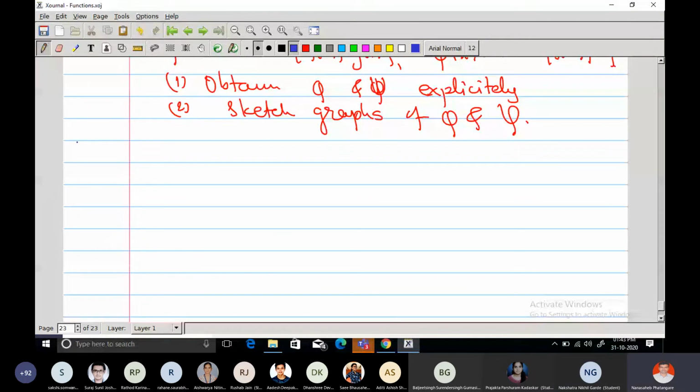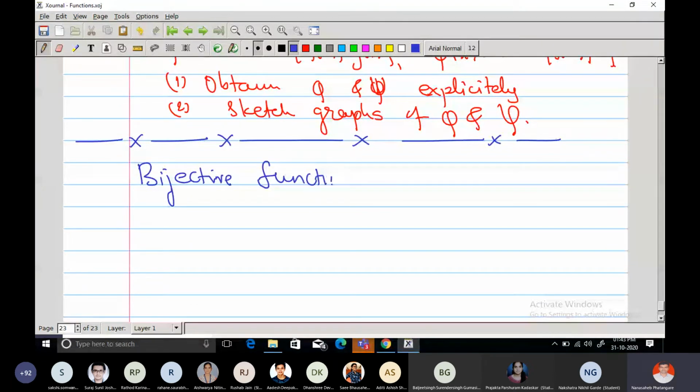Now we'll try to understand more about the functions. These are just basic, various types of functions. Now we'll discuss bijective functions, and bijective functions are very important.